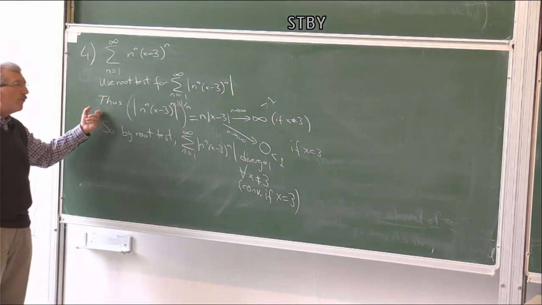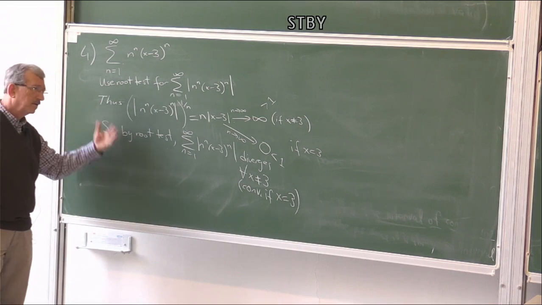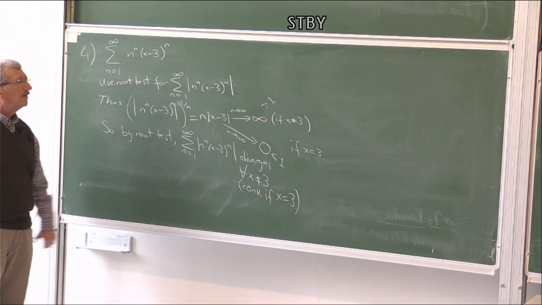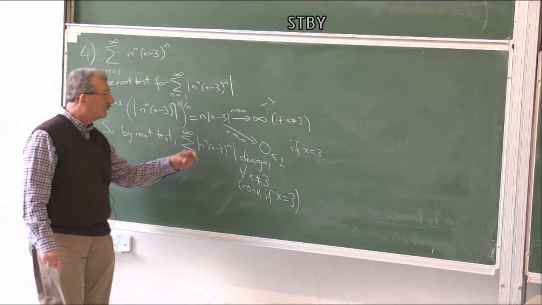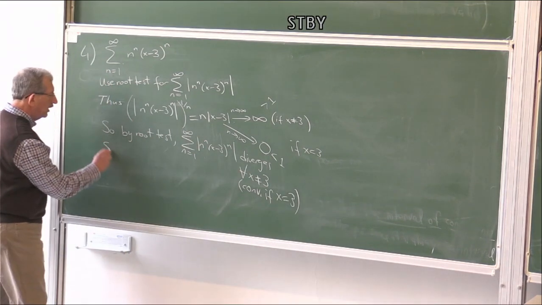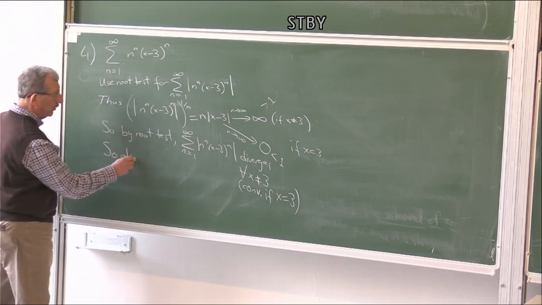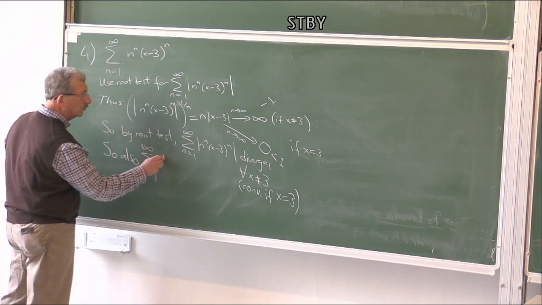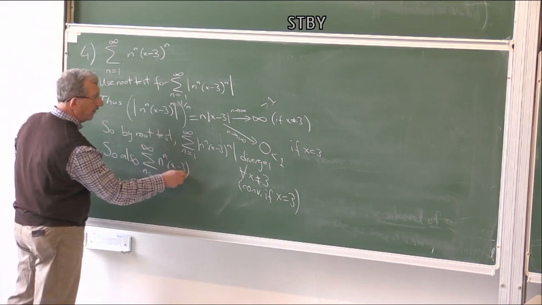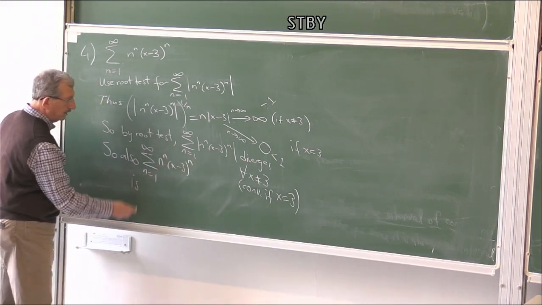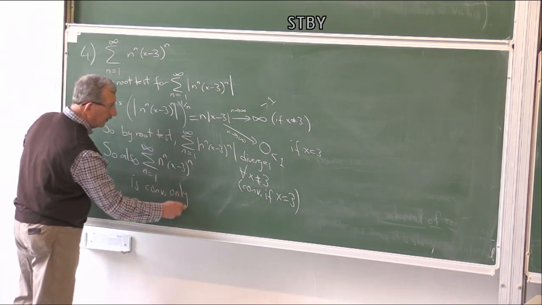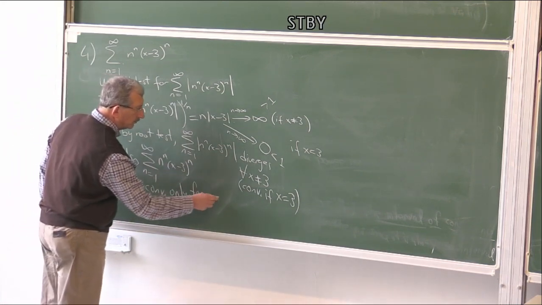Since the divergence is a consequence of the root test, it means that the same result is true without absolute value. So also the series without absolute value is convergent only for x equal to 3.